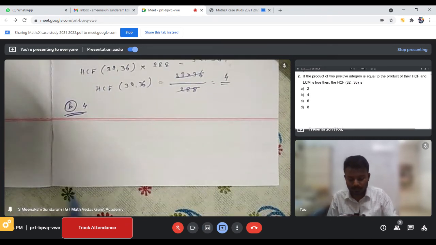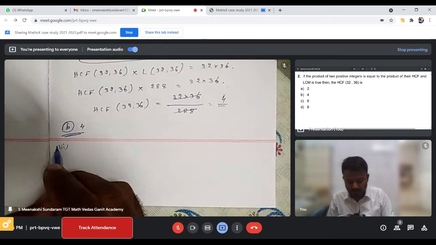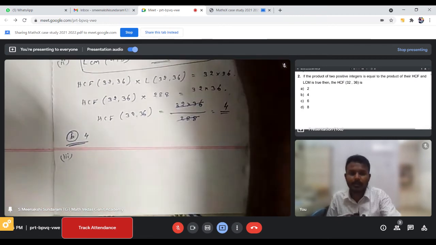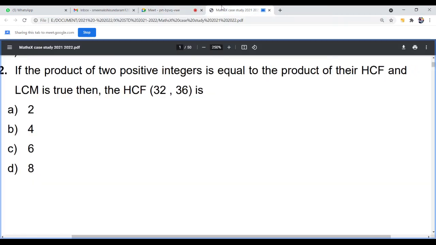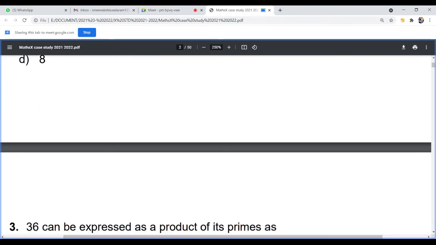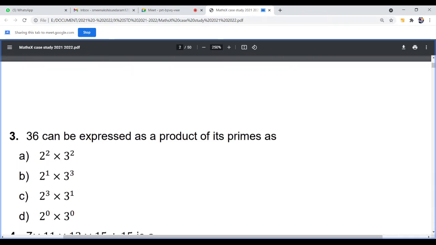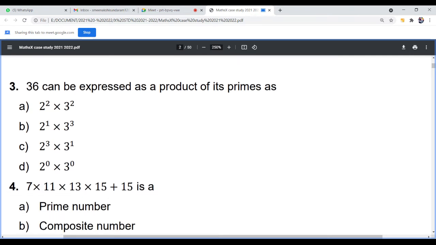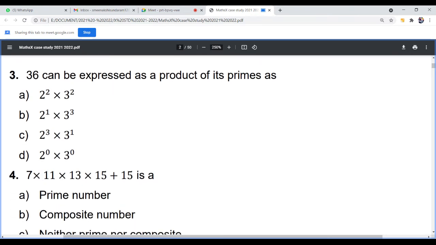Okay. Second question next. Third subdivision. This third subdivision is a very easy one. They have given that 36 can be expressed as a product of its prime factors as. We have already found this here.